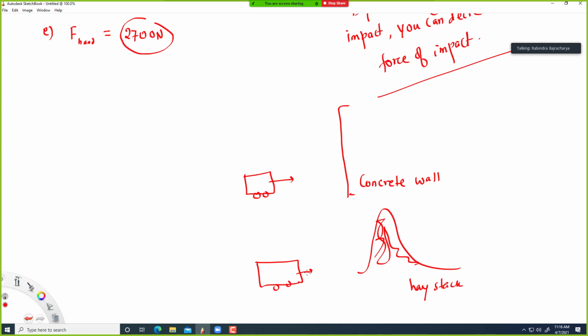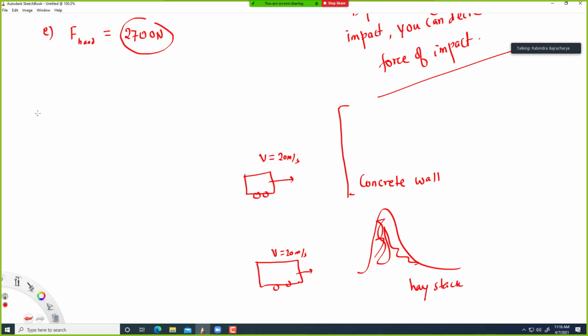Yeah, so it has to do with this impulse momentum theorem. So your car is moving at a certain speed, let's say 60 miles per hour, or let's say 20 meters per second. To stop your car, either the concrete wall or the haystack needs to exert some impulse.